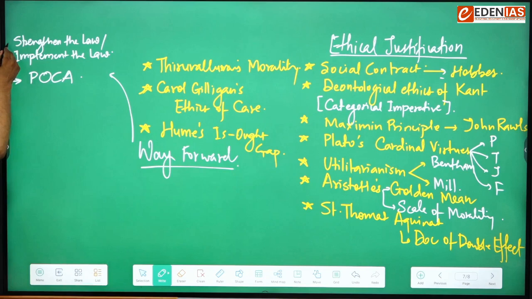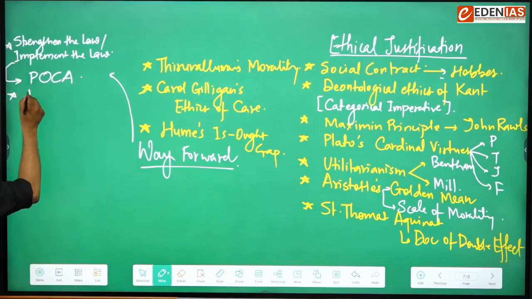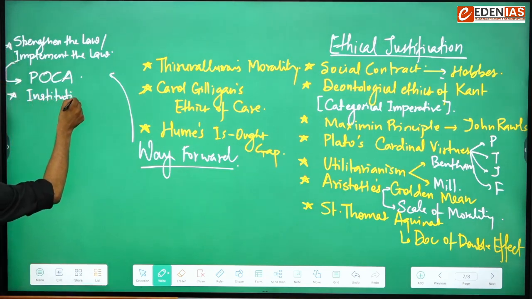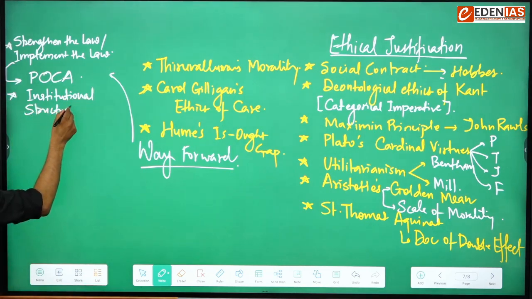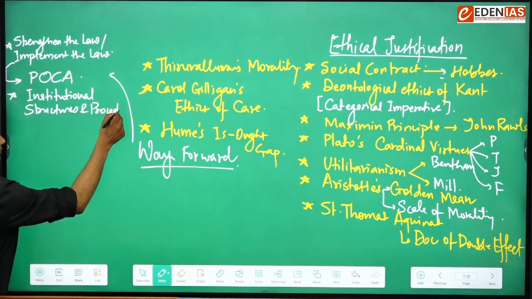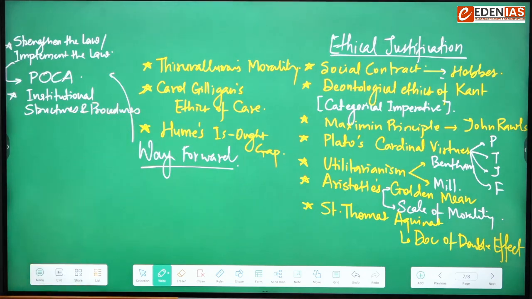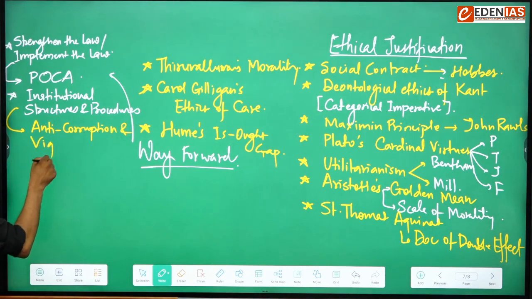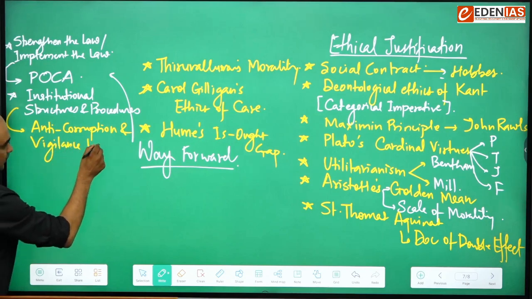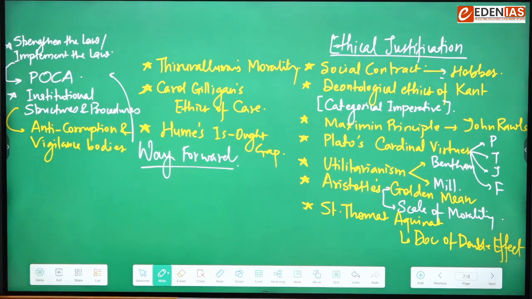Then this first thing. Then institutional structures and procedures have to be strong. Like say for example, think about anti-corruption and vigilance bodies. They have to be strong and independent in such kind of scenarios, so that nobody can even think of doing such things.